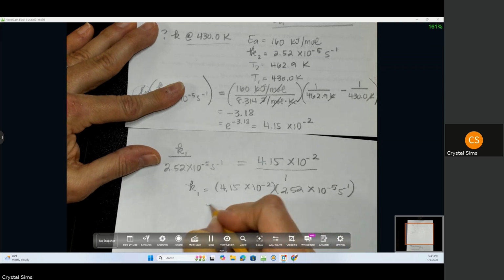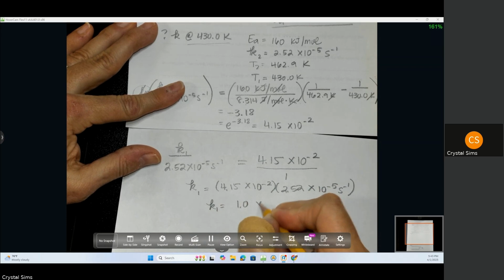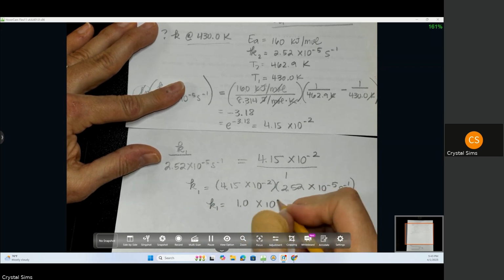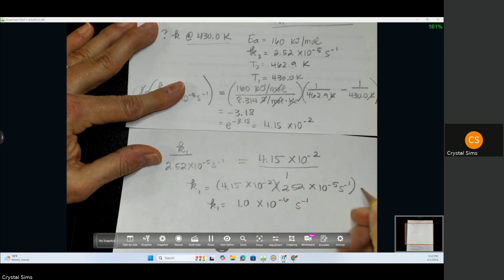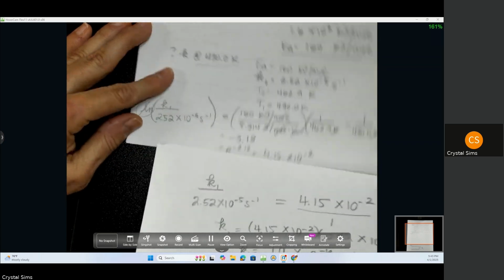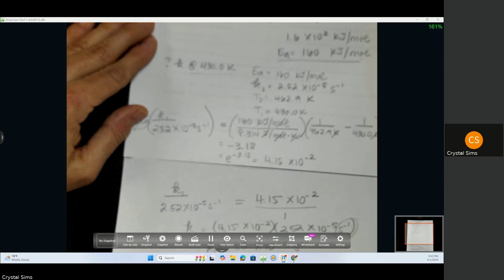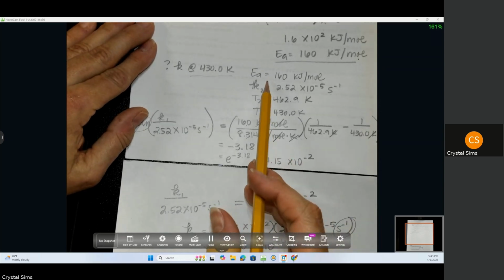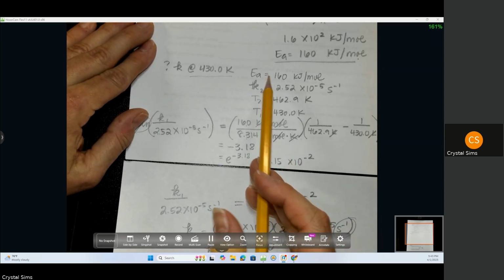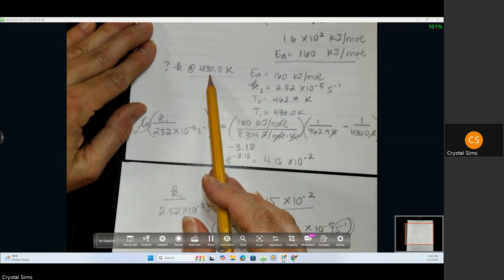Okay, and when we do that math, we get 1.0 times 10 to the negative 6, and our unit, because we only have one unit, is s to the negative 1. Okay, so that was kind of a lot, running out of room there, but once we have activation energy, we can calculate reaction rate at any temperature we want to.